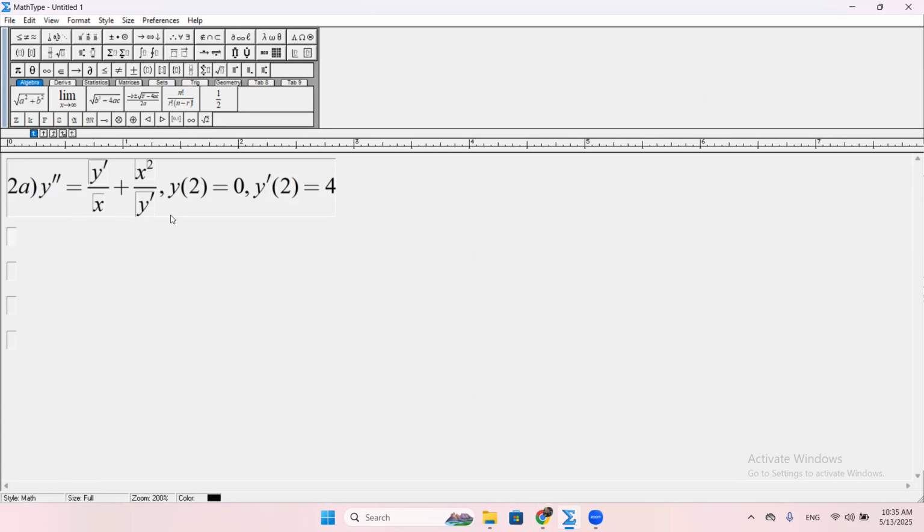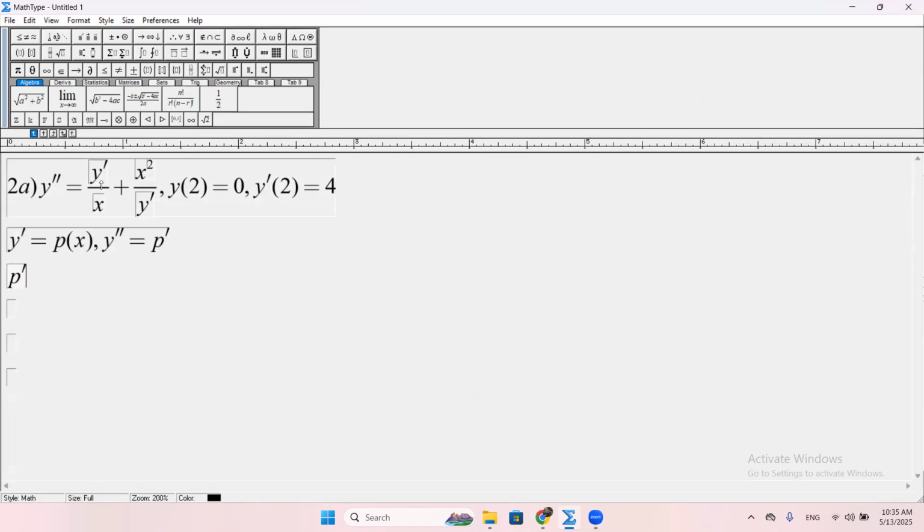As we can see, this equation doesn't contain the function y, it contains only derivatives. So we will use the following substitution: y prime will be equal to p, where p is a function of x. Then y double prime equals p prime.